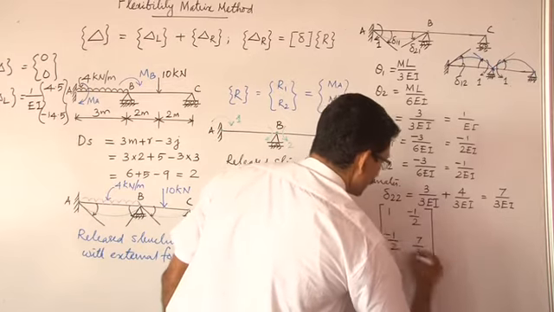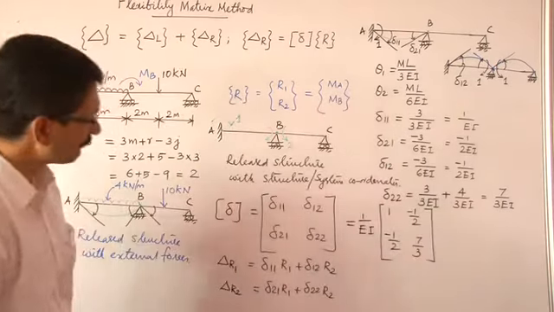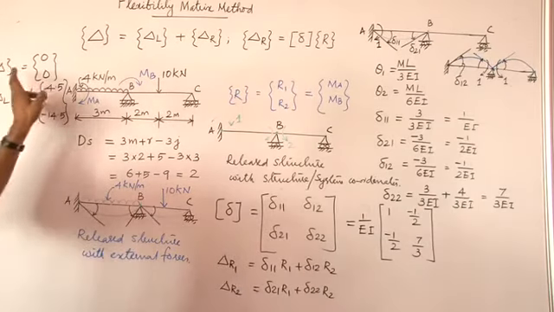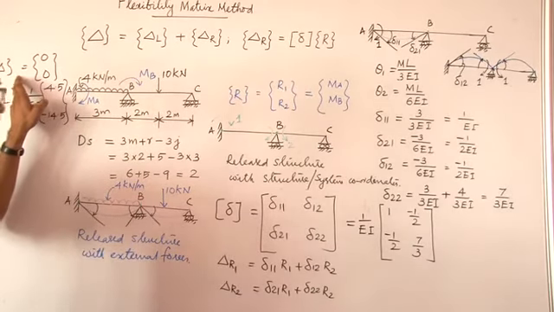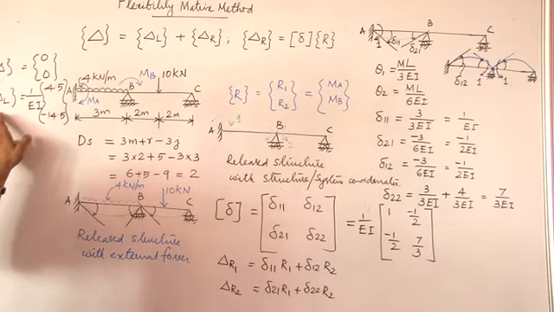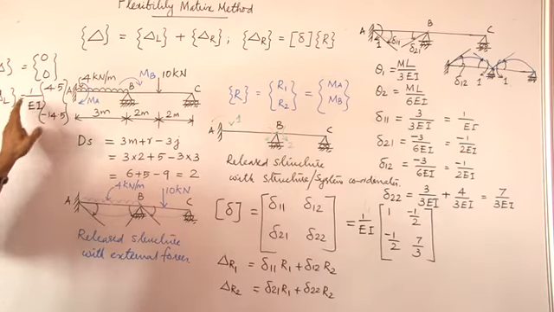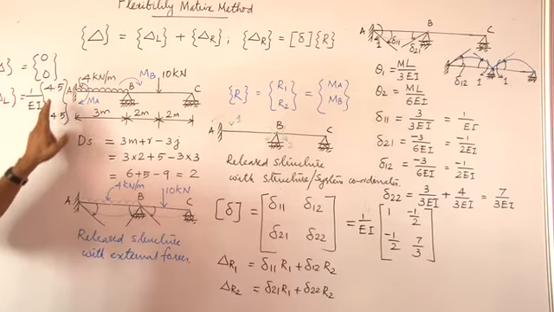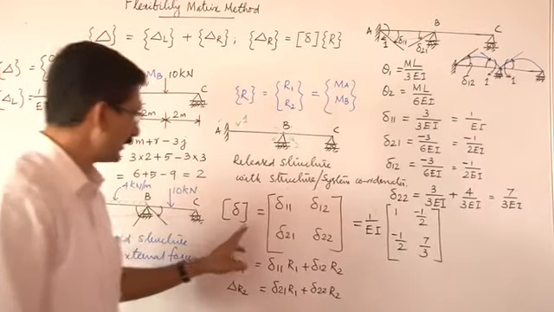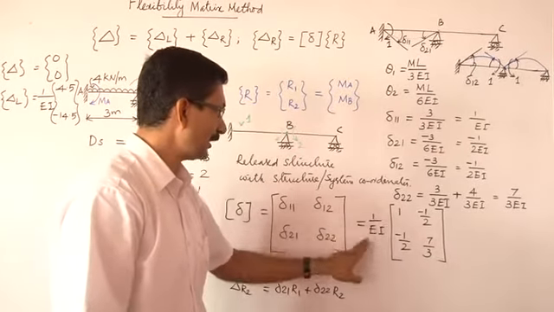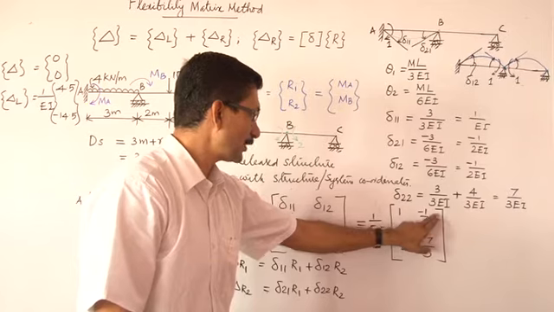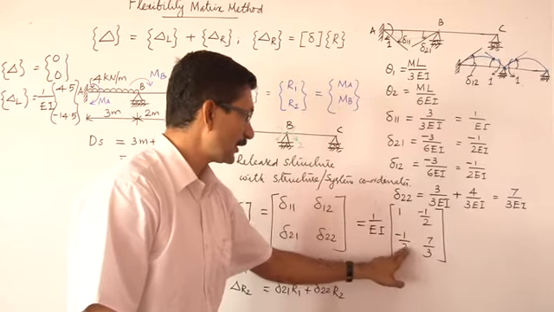That is the delta matrix. So we have everything in place. Delta vector containing 0 and 0, delta L vector containing 1 by EI into 4.5 and minus 14.5, and finally this delta matrix 1 by EI, 1, minus 1 by 2, minus 1 by 2 here, 7 by 3.